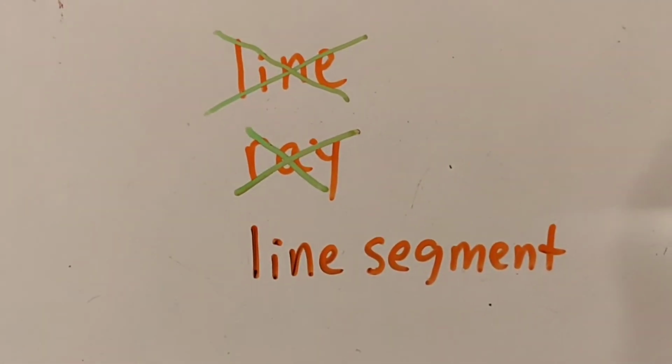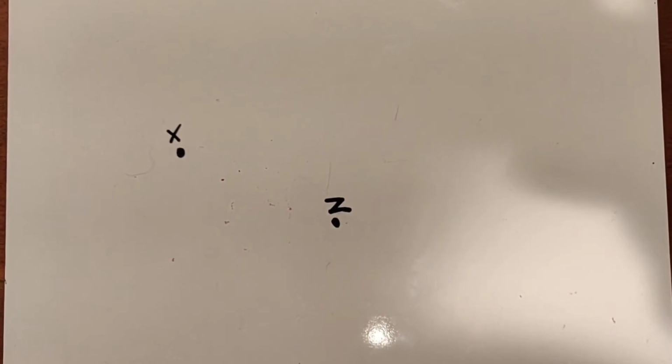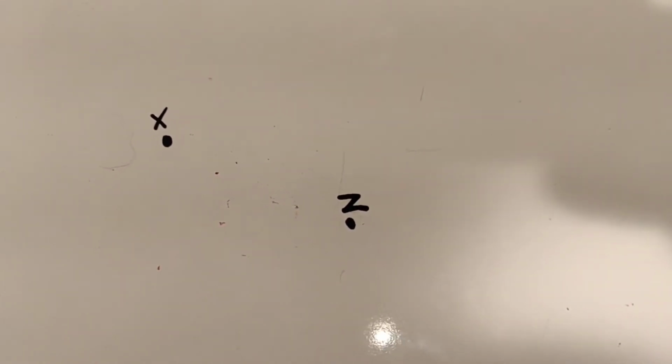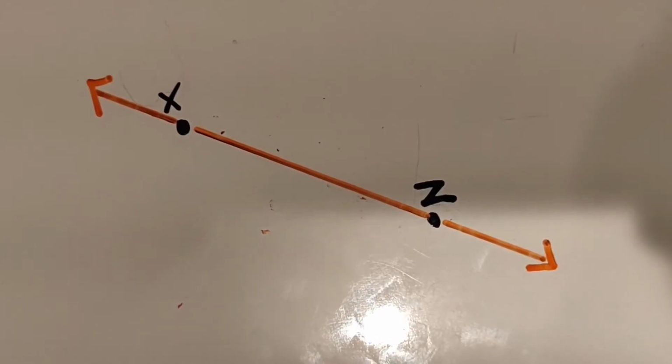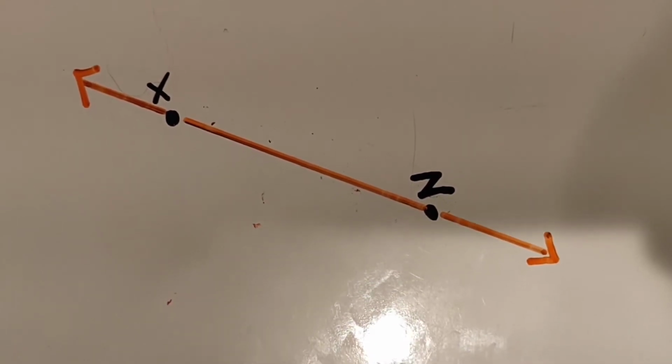That's a line segment. So here I'm going to draw 2 points, and I'm going to give them a name. And remember, they show location. They show where something is. And I'm going to name them point X and point Z. And I could draw a line through them.